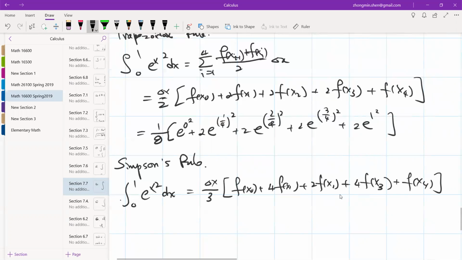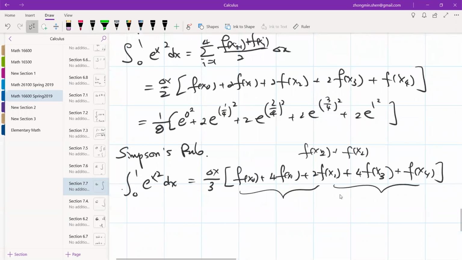Okay, they're slightly different. Actually, you only have two sets of that. This f(x2) will go to the first group, this f(x2) will go to the second group. There are two sets that each represent the area under the quadratic function passing through those 3 points.